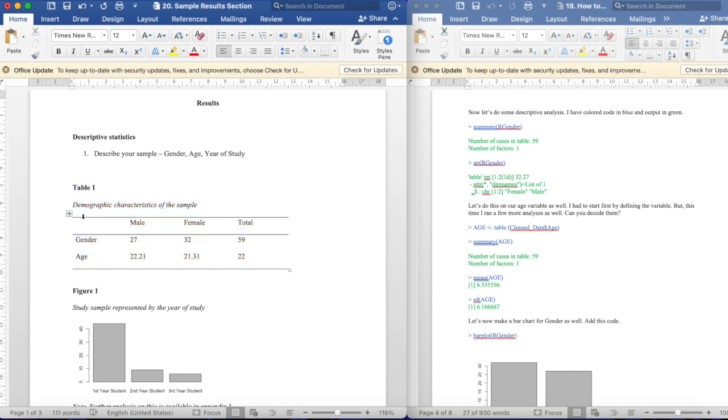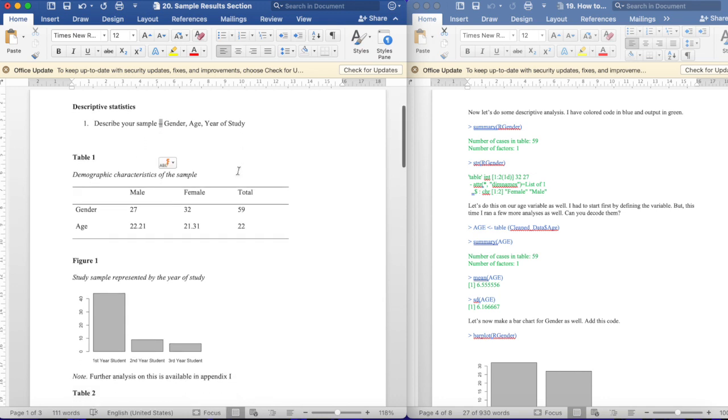Now here I have presented gender and age of males and females in my study. Now I have some other descriptive information as well. Now, when you do this analysis, SPSS will give you so much statistics. Now, this doesn't necessarily mean you need to directly copy and paste all of those and include all the necessary things.